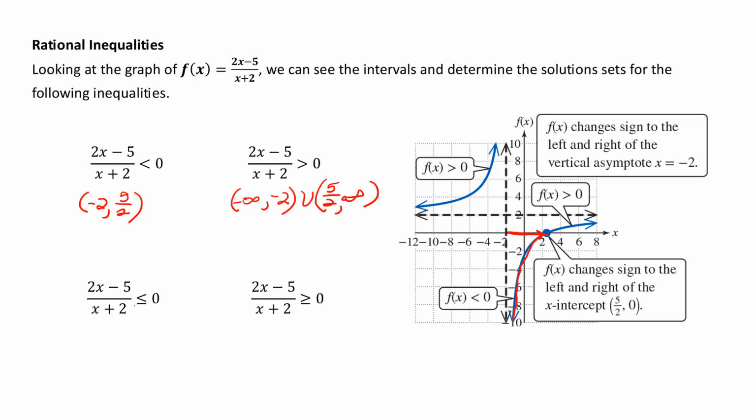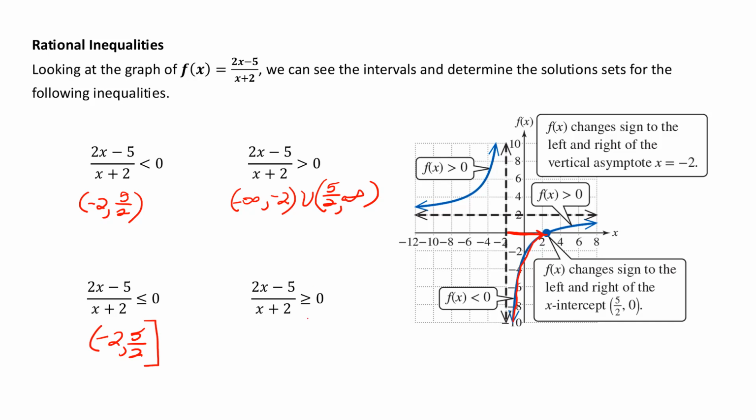And then 2x minus 5 over x plus 2 is less than or equal to 0. We already know that it's less than 0 from -2 up to 5/2, not including 5/2, but it is equal to 0 also at 5/2. So we would say -2 up to 5/2, and this time we would put a square bracket on the 5/2 to include it as a place where the function equals 0.